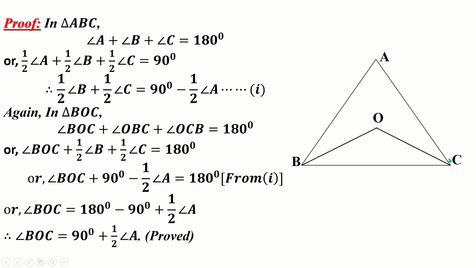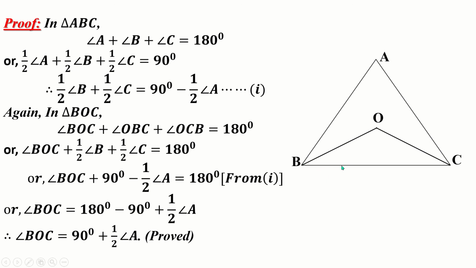Again in triangle BOC, angle BOC plus angle OBC plus angle OCB is equal to 180 degrees.